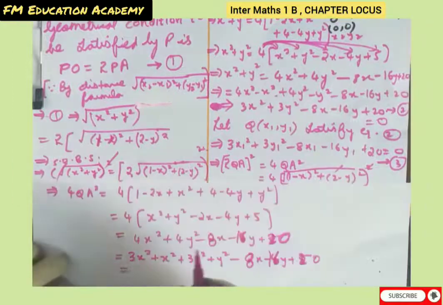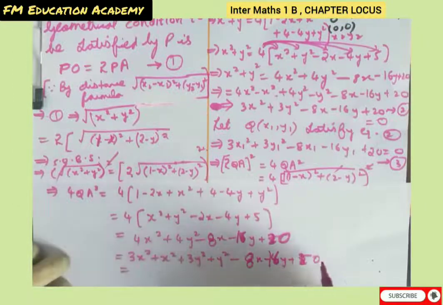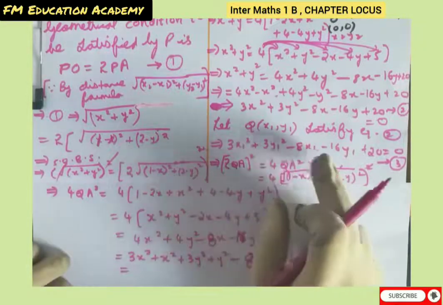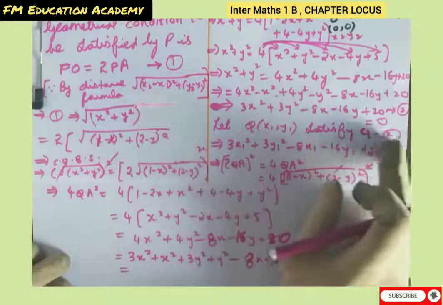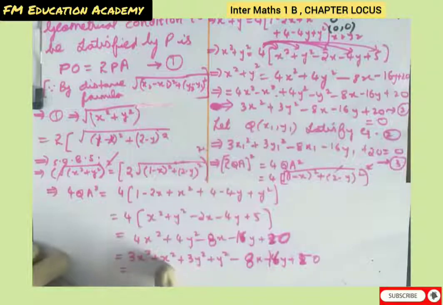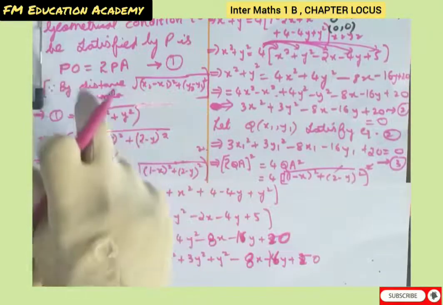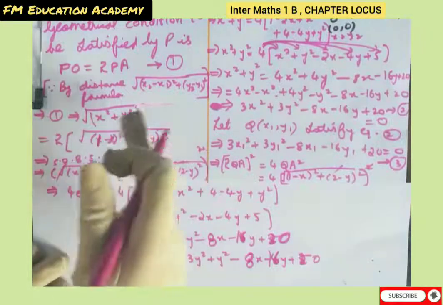What we will do is write 3x square plus 3y square minus 8x minus 16y plus 20 in one bracket, because we know 3x1 square plus 3y1 square minus 8x1 minus 16y1 plus 20 is equal to 0. So we can make that equal to 0 and we will be left with x square plus y square, and we want x square plus y square only because PO is root of x square plus y square.